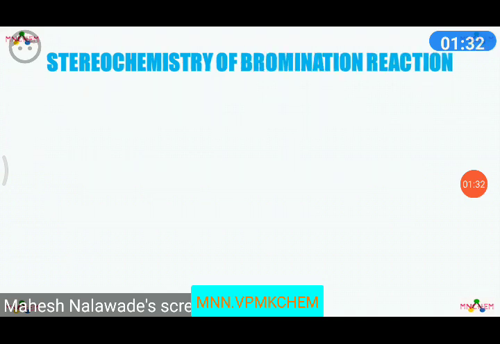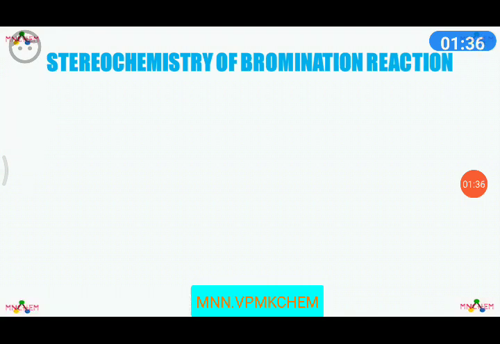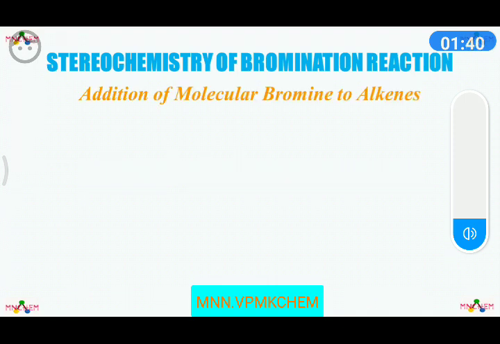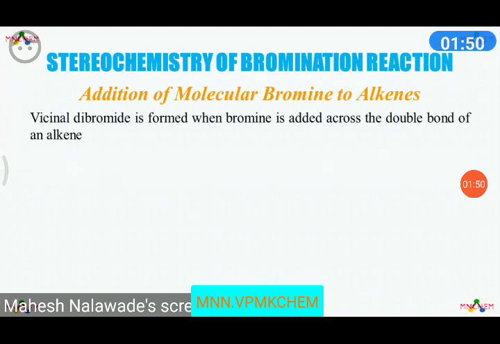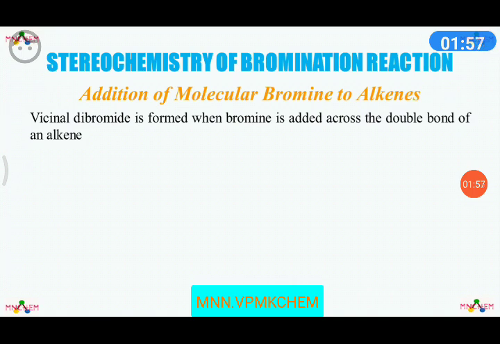First, bromination of alkene. Here, we need to understand the alkenes have a carbon-carbon double bond at the olefinic carbons, and the bromine is added across the double bond. The product formed is a vicinal dibromide.